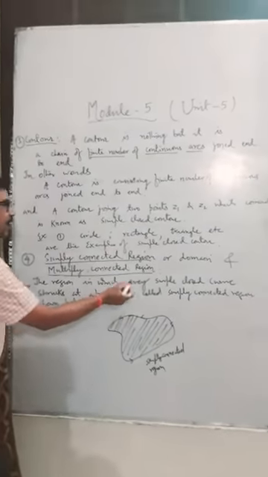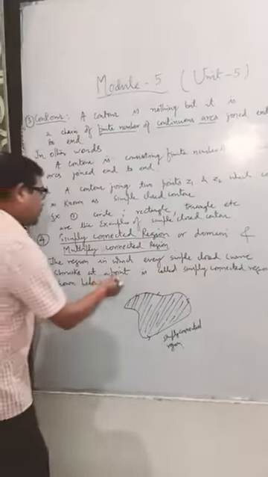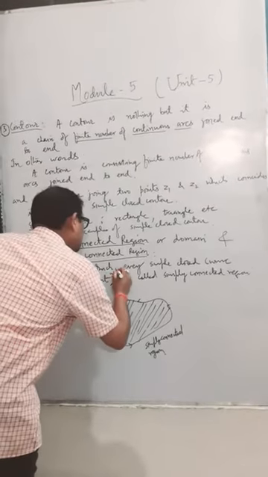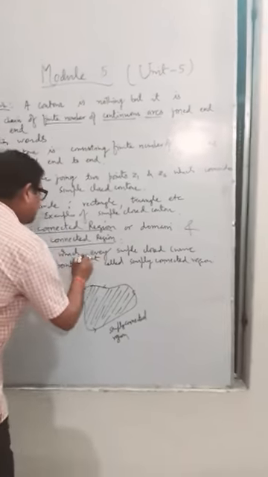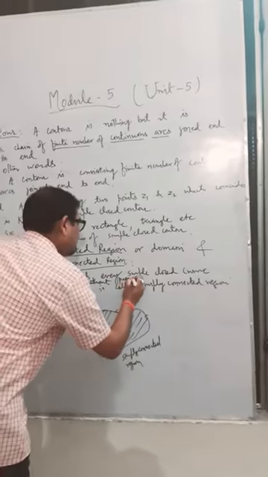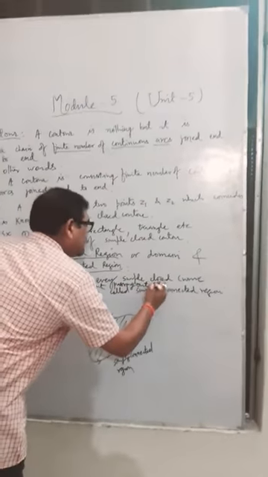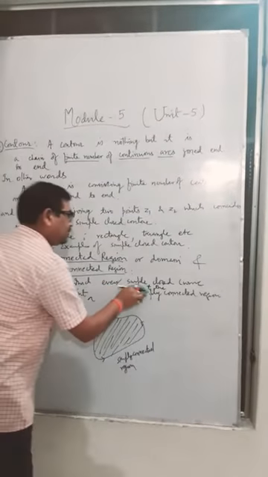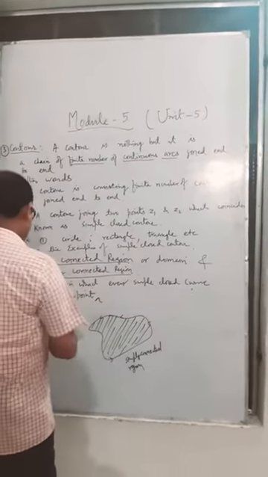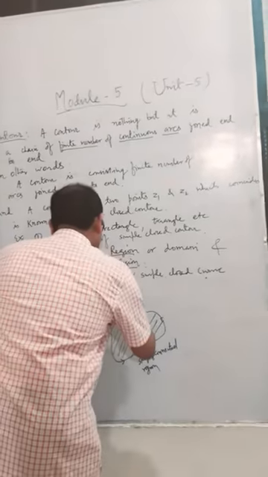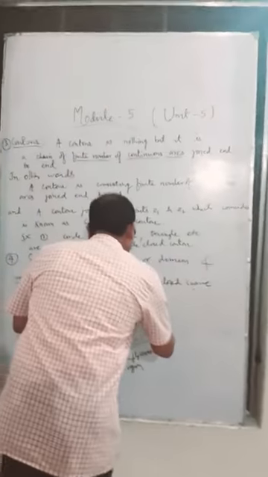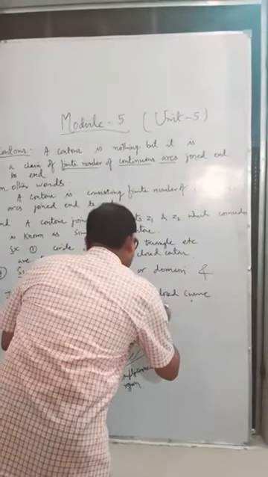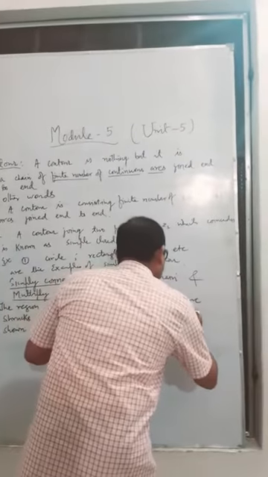The region in which every simple closed curve shrinks to a point without crossing out of the region is called a simply connected region.